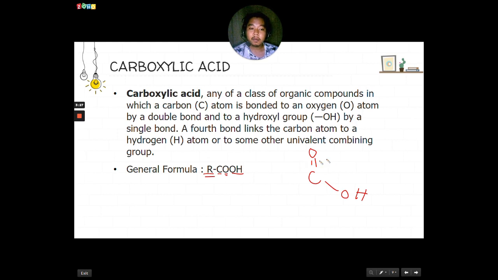Single bond to OH, double bond to O. And it's usually on the terminal. Same with aldehyde, it's on the terminal carbon. So it's on the edge, either on the left or right. It doesn't matter because, like I said, these objects are 3-dimensional. These things can rotate, can be vertical, horizontal, slant, etc.